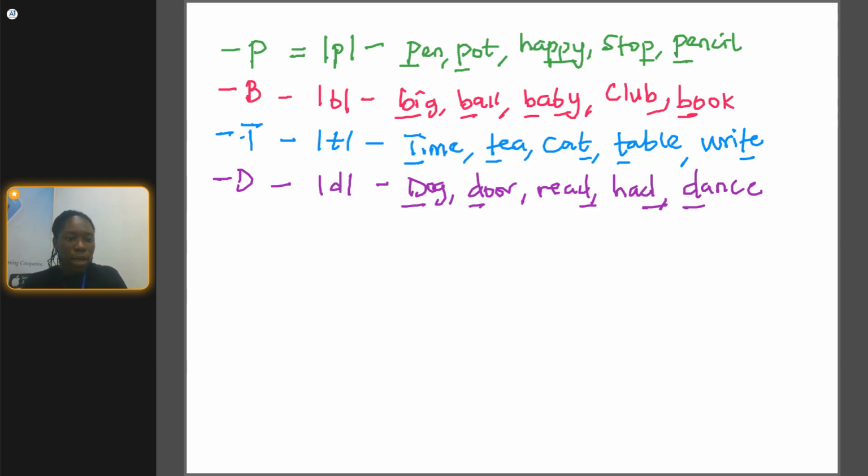The next sound we are looking at, we can say this is what it looks like.